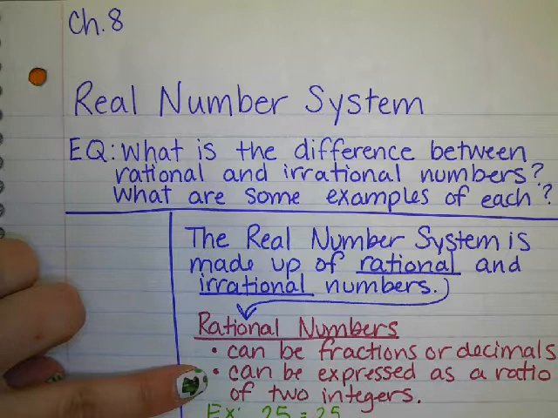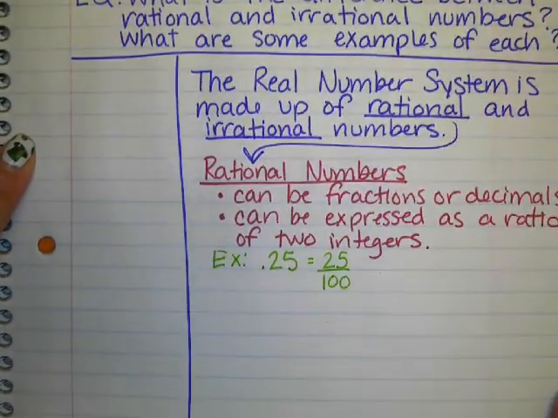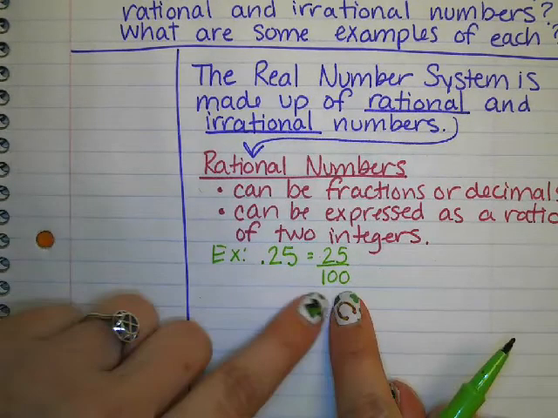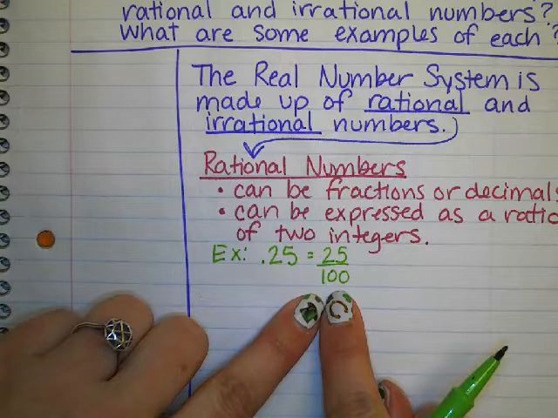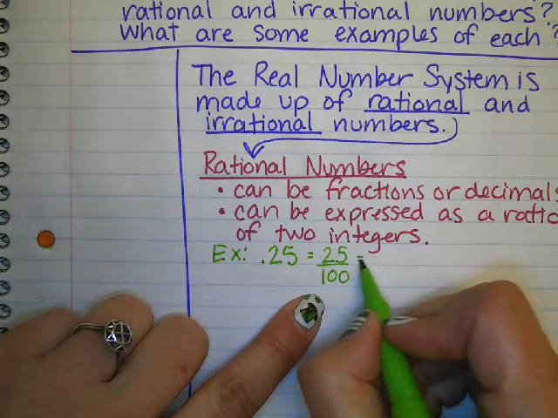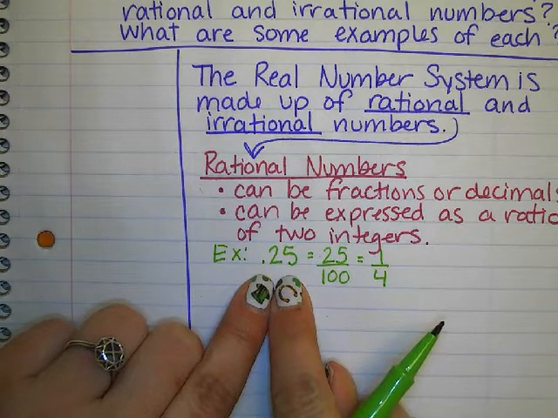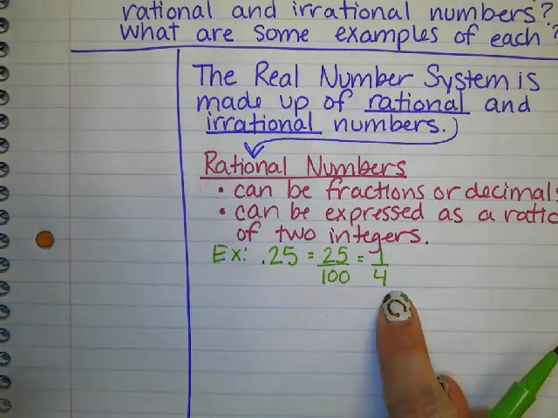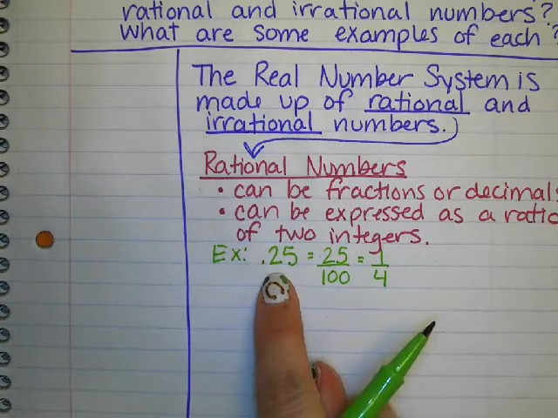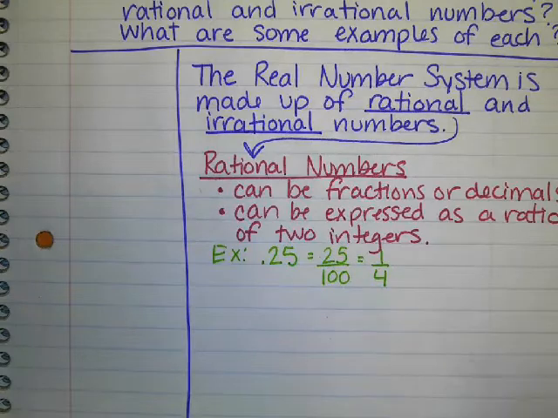So 25 over 100 is a ratio, and these are the same thing. So both of these are rational. This can also be reduced to 1/4. So 0.25 can become 25 over 100, which reduces to 1/4. And both of those, we have a decimal and a fraction, and we can find a specific answer for that.